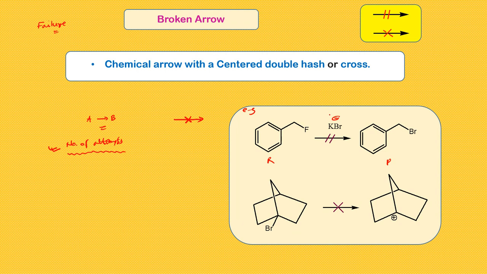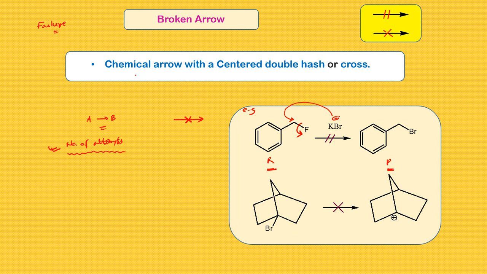The reason may be simple: if I am expecting the displacement of fluoride by Br, technically it is not possible. So even if I attempt it a number of times, the reaction will not happen. Overall, I will represent the reaction like this: if this is the substrate, and I am doing this reaction with this reaction condition, and I am expecting this product, this reaction is not working.